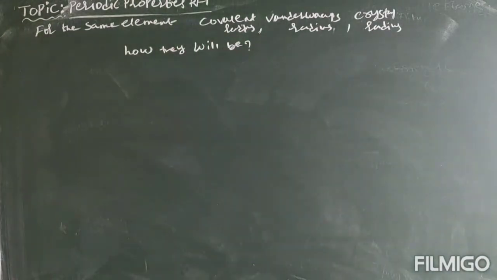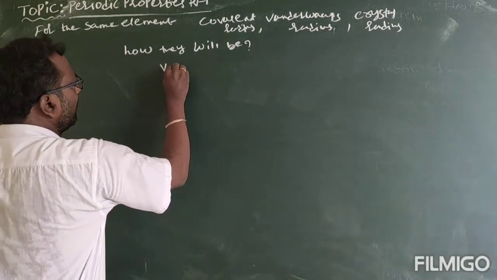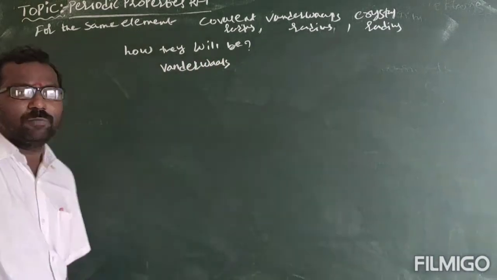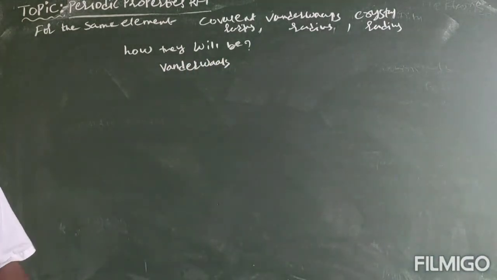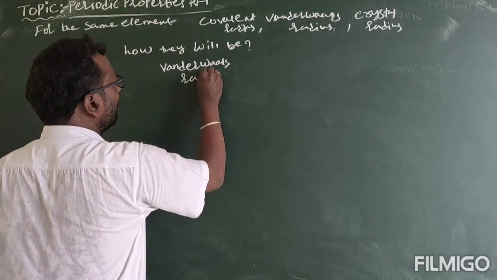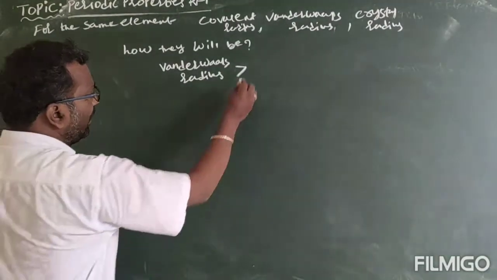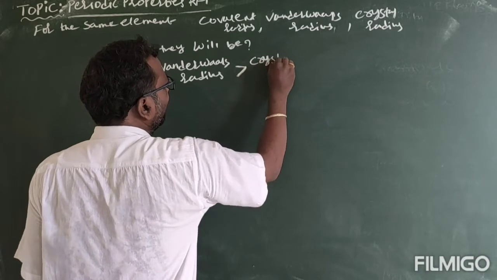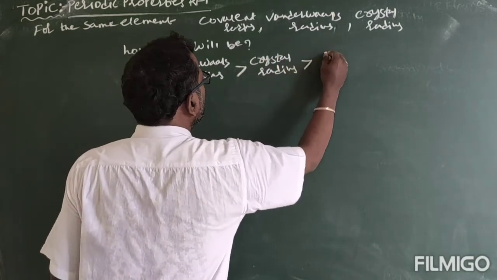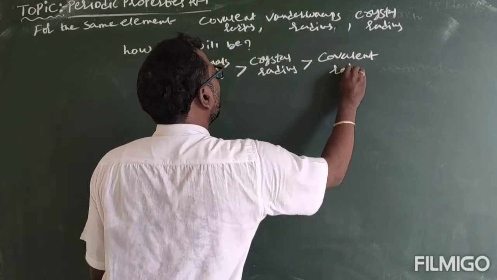The highest radius is van der Waals radius. It is greater than the crystal radius, and the crystal radius is greater than covalent radius.